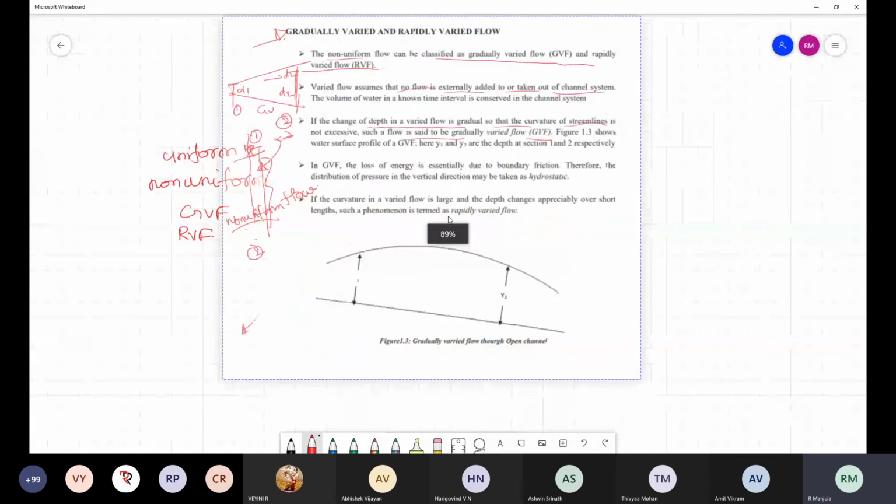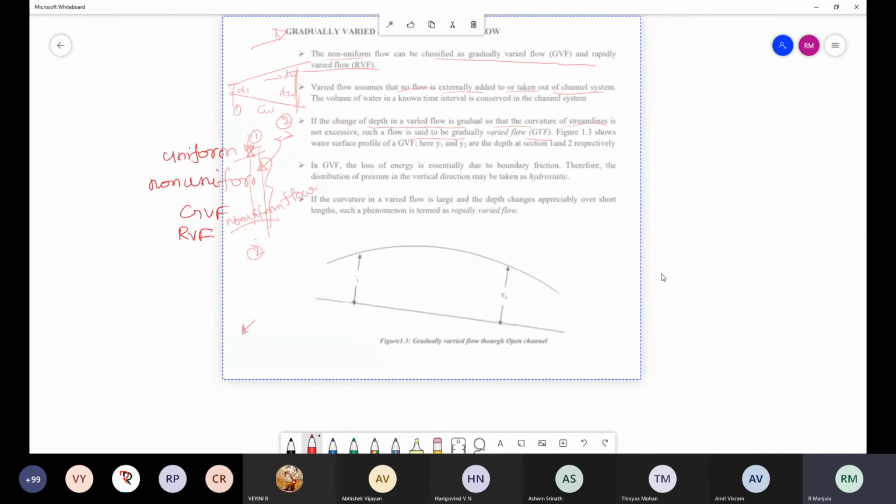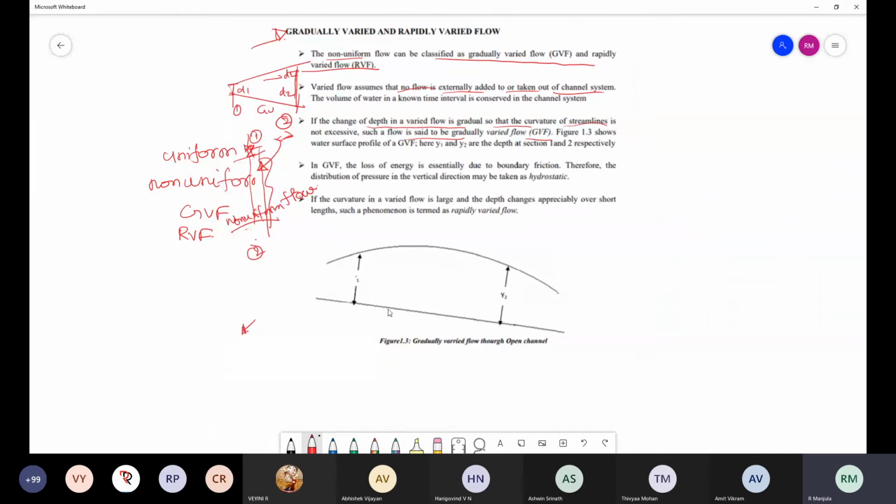You can see here Y1 and Y2 are the two depths, and you can see the gradual variation in the depth of the flow. Here in gradually varied flow, loss of energy is mainly because of the bottom friction, or boundary friction, and therefore the distribution of pressure in the vertical direction may be hydrostatic.